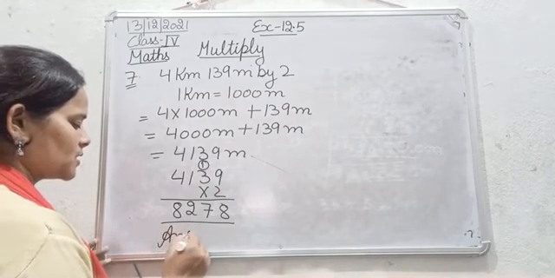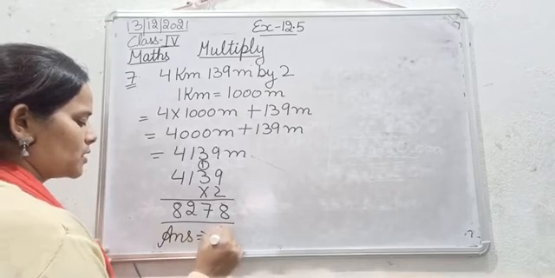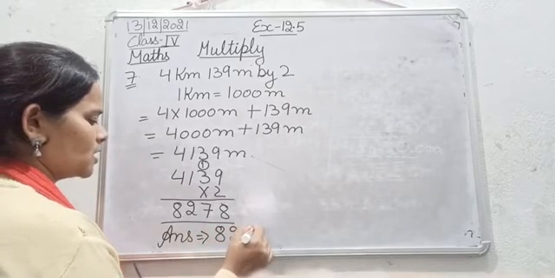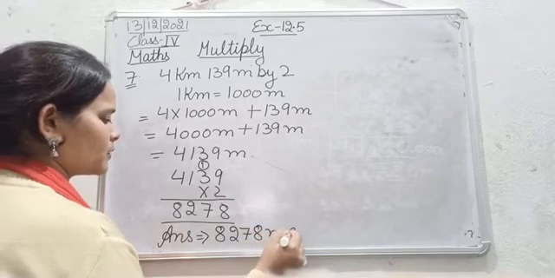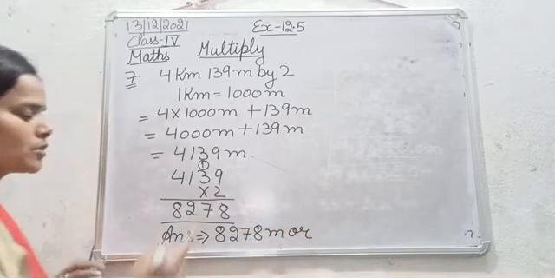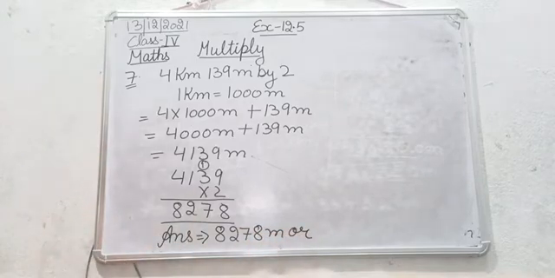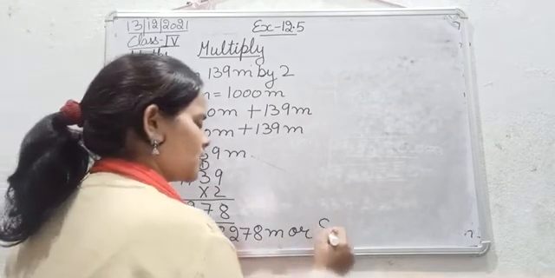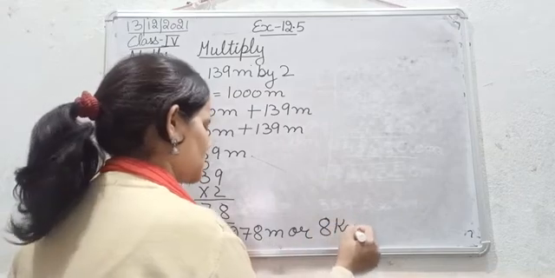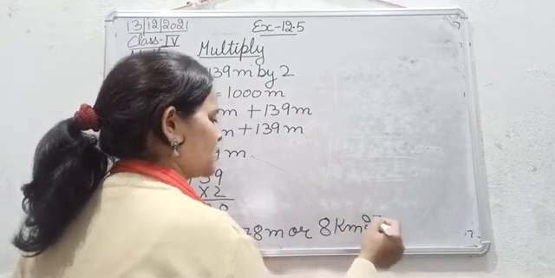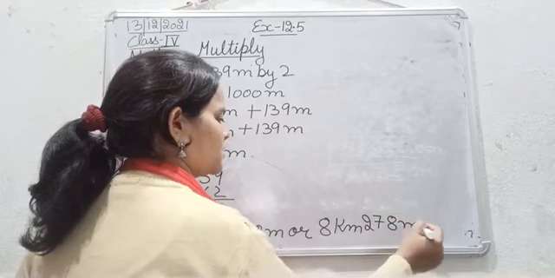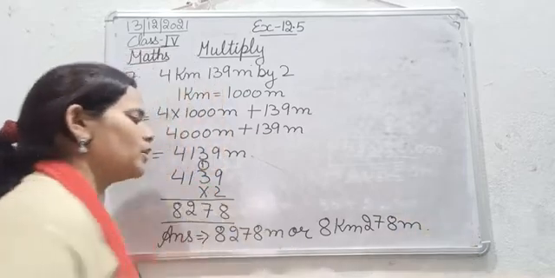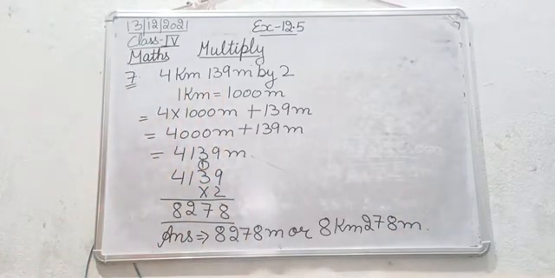There are 1000 meters in 1 kilometer, that means 3 digits, so this is 8 kilometer and 278 meter. Okay, so this is the solution for question number 7. You can pause it here and note it down in your notebooks.